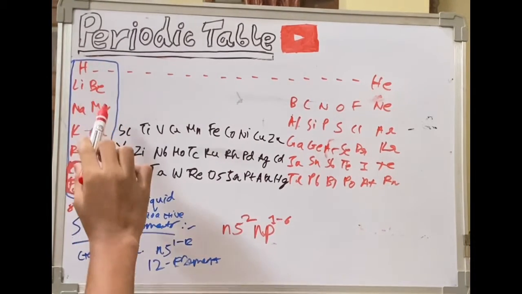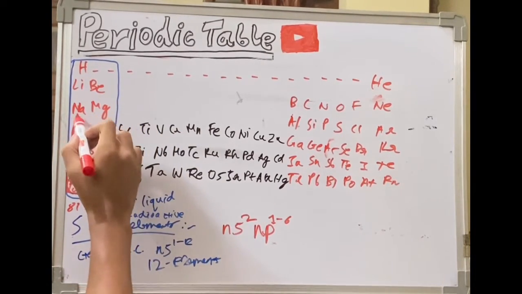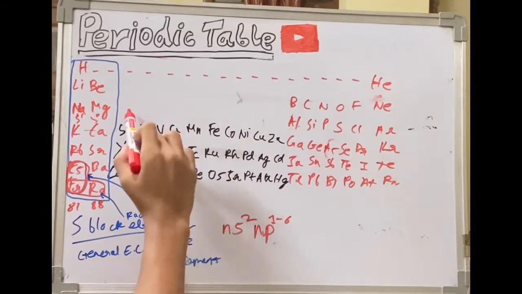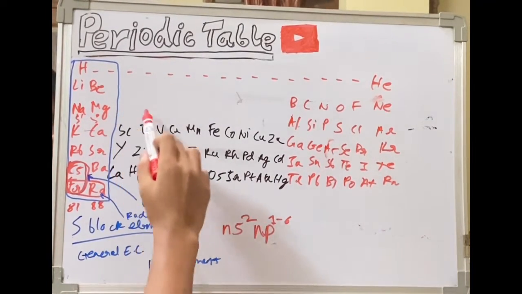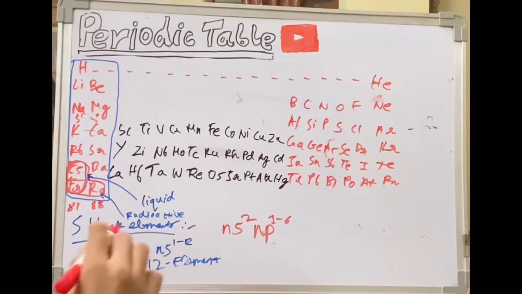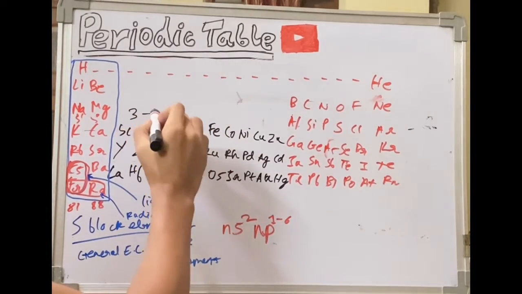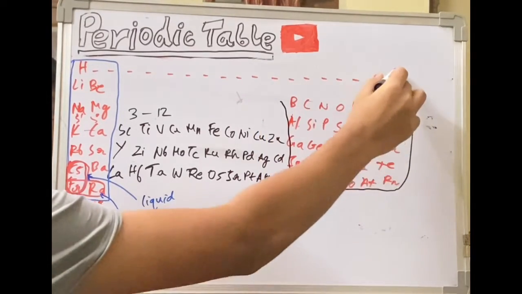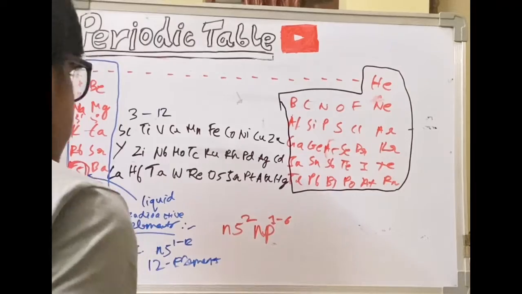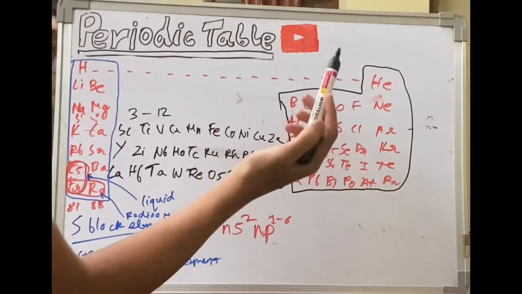So from here, as you can see, these are s1, this is s1, this is s2, and from here on it will start with 2p1, 2p2, 2p3. So all these elements on the right of transition metals, which you might know, all the metals which lie in group 3 to 12, all these are the p block elements, and the group ranges from 13 to 18.